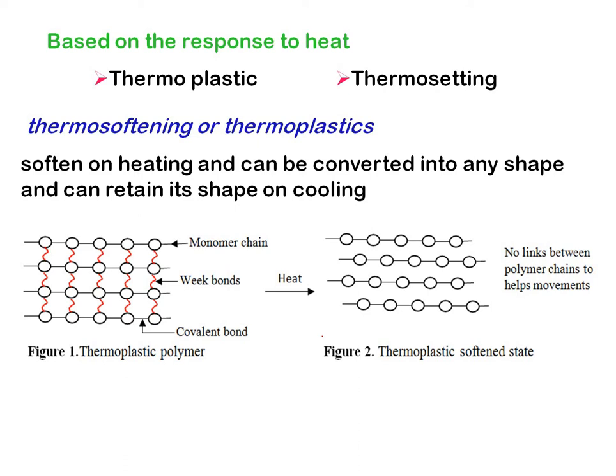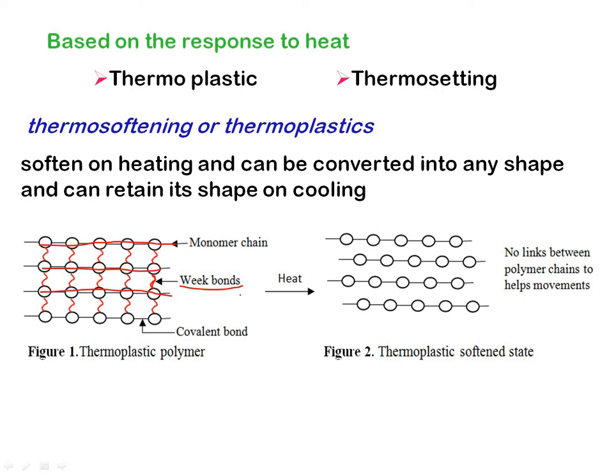These thermoplastics always soften on heating and harden on cooling. The reason for the softening of these thermoplastics is that the adjacent polymer chains, see, this is one polymer chain and this is another polymer chain, are held together with weak bonds. Here you can see they are indicated in red color. These weak bonds may be hydrogen bonds, van der Waals forces of attraction, or dipole bonds.